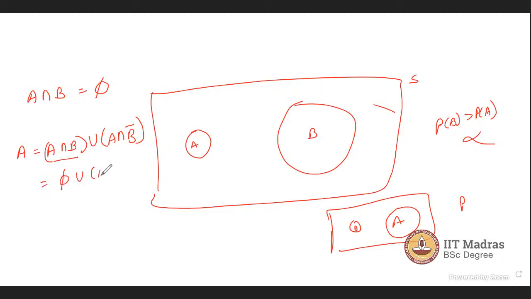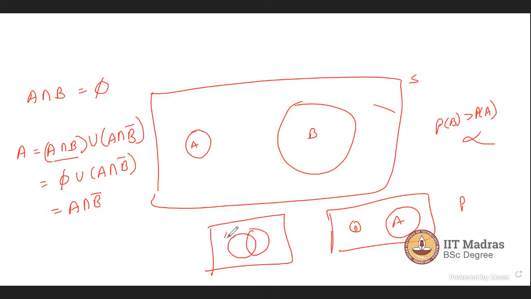So phi union A intersection B bar, so it comes to A intersection B bar. Suppose these are the cases A and B. This is A, this is B. A intersection B is this part. A intersection B bar is this part.